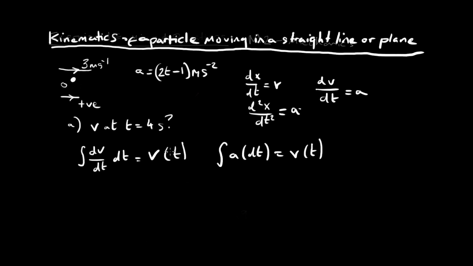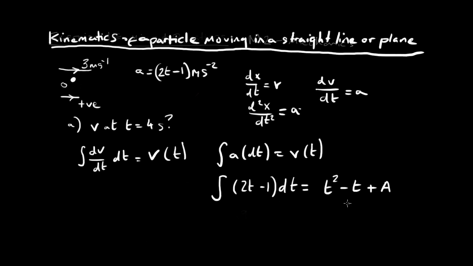They're the same thing. Here we have the acceleration as a function of time, so let's use this one, integral of a dt. So the integral of a dt is the integral of 2t minus 1 dt, and that equals t squared minus t plus the constant of integration.